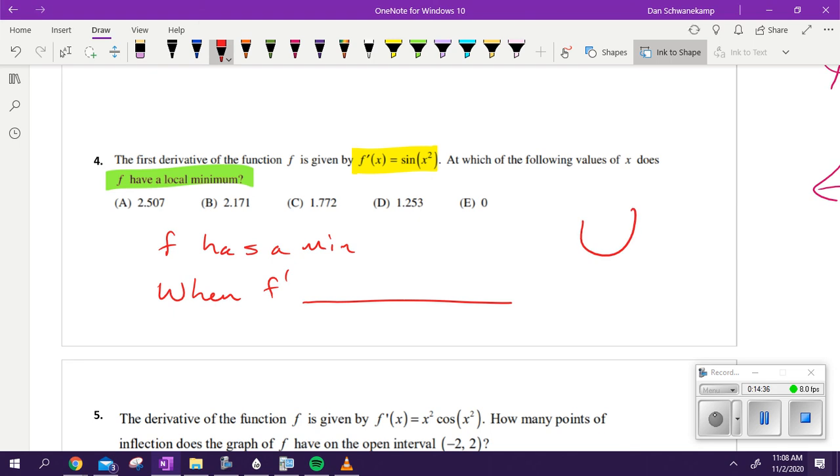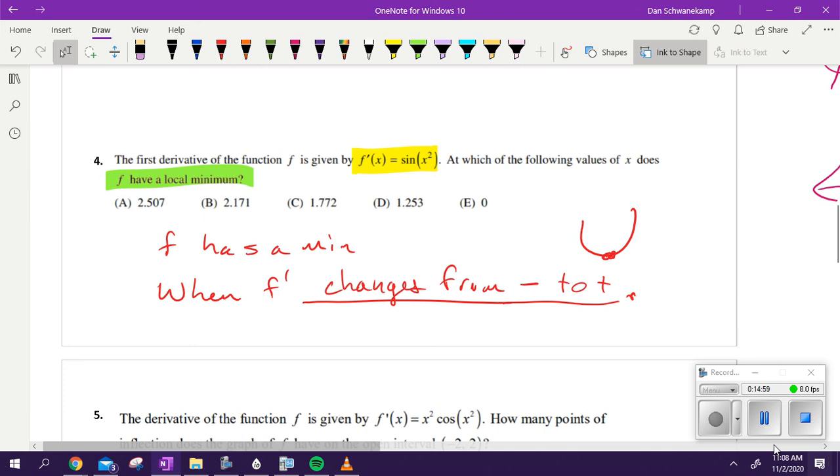What is happening with f prime at this minimum right here? f prime means what? Slope. The slope changes. So f prime changes from negative to positive. Go ahead and type that into your calculator. Find that answer. Go. That's what you're looking for. By writing it down first, your brain is going to be better off to find it on your graph.